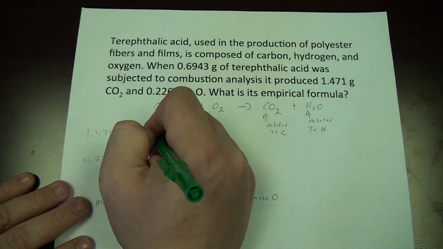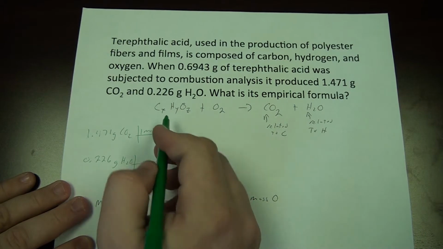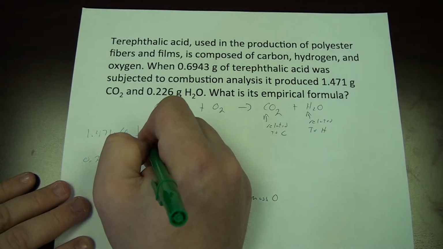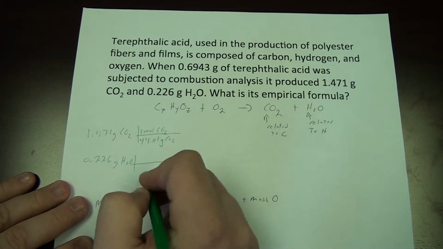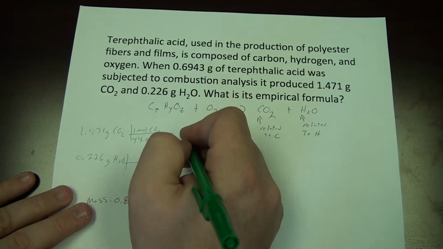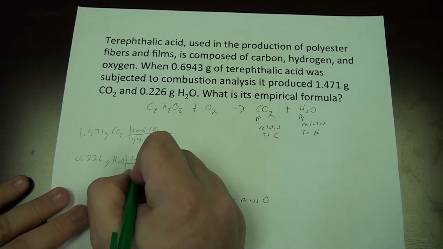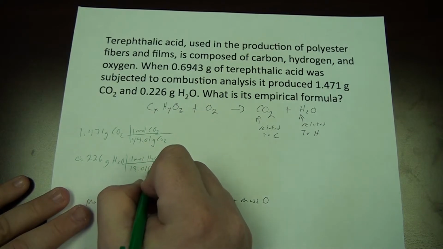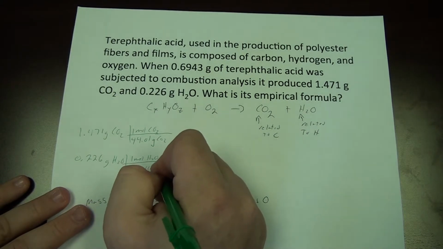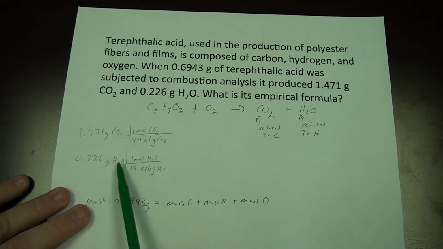So 1 mole of carbon dioxide, to figure out the molar mass of this, is going to give us 44.01 grams of carbon dioxide. And for the water, for every 1 mole of water, that has a mass of 18.016 grams. Right? But we don't want moles of each one of these. We want moles of either carbon or hydrogen.